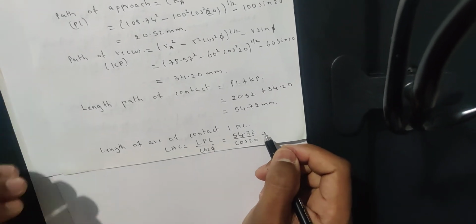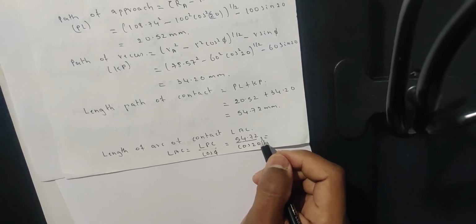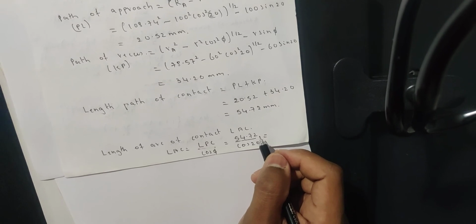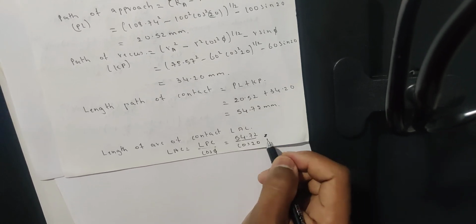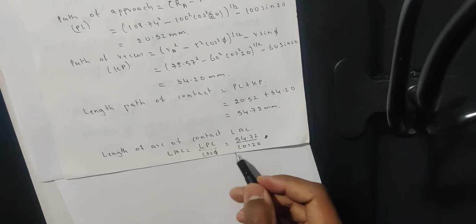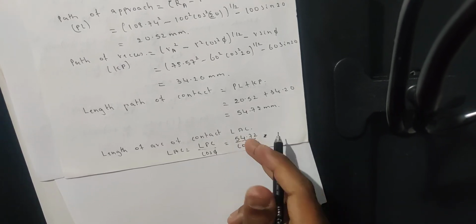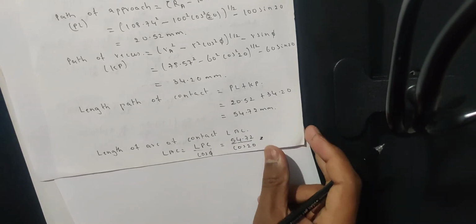So we will be getting it as, how much are we getting? Okay, we'll keep it as it is. What we'll be doing is later we'll be substituting directly into the module there, so that we'll be getting the solution.